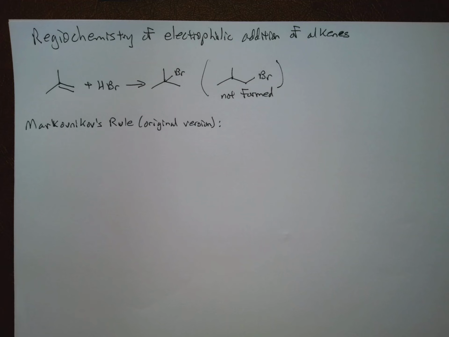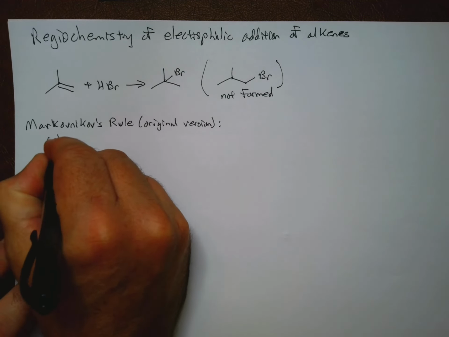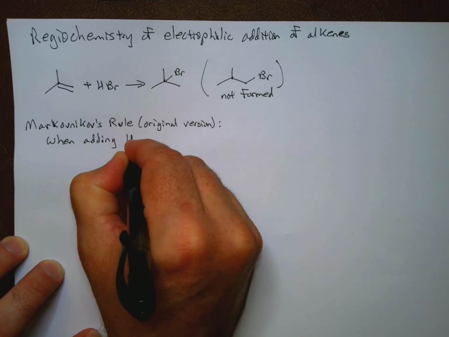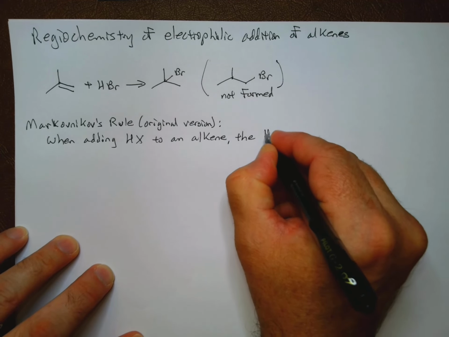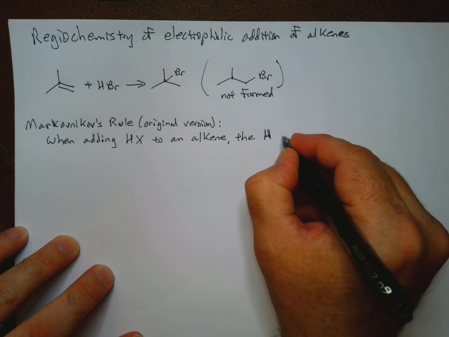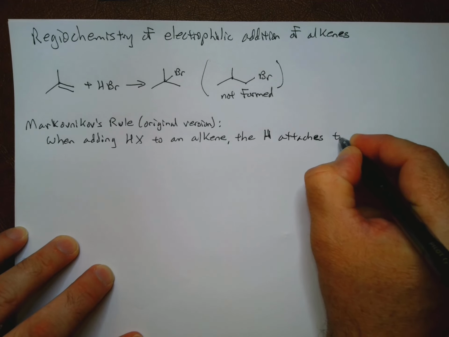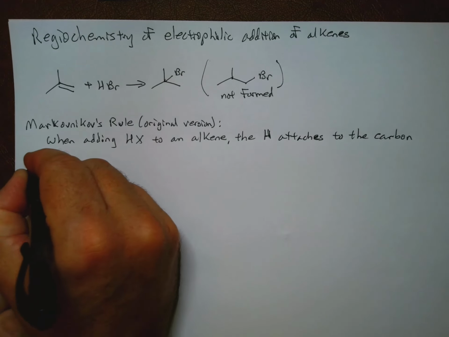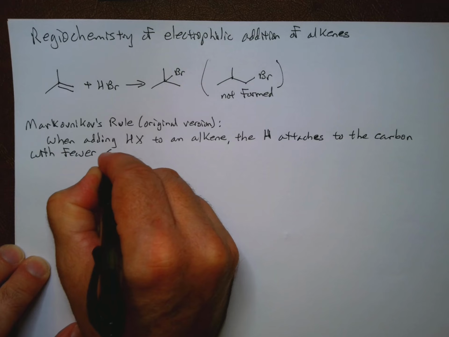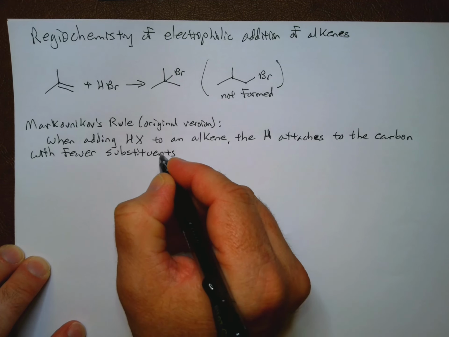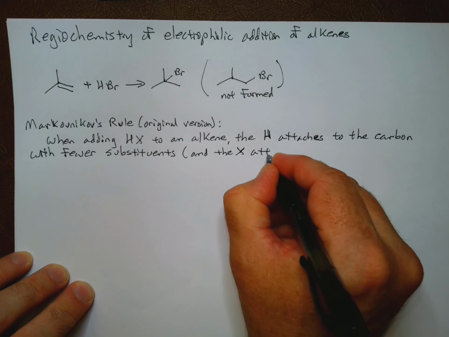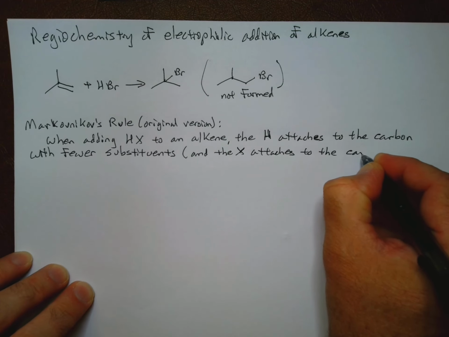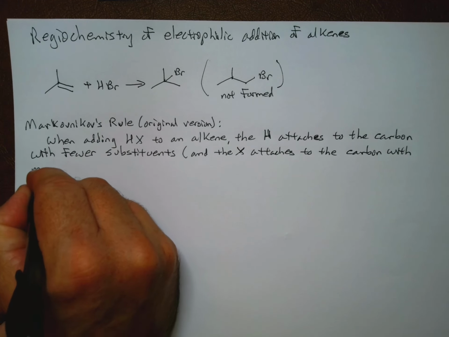Markovnikov's rule in the original version said that when you're adding HX to an alkene, the H attaches to the carbon with fewer substituents, and the X attaches to the carbon with more substituents.